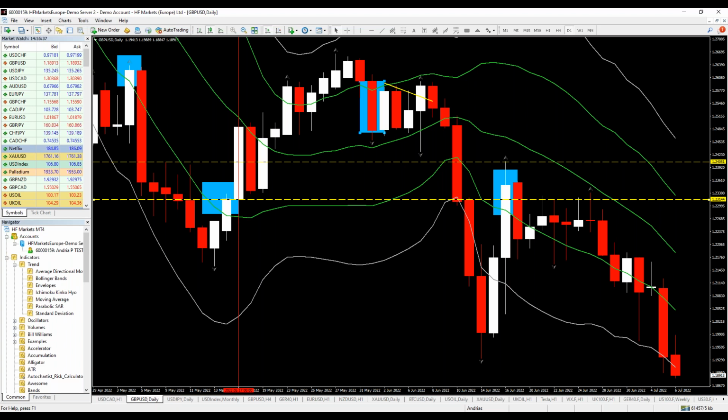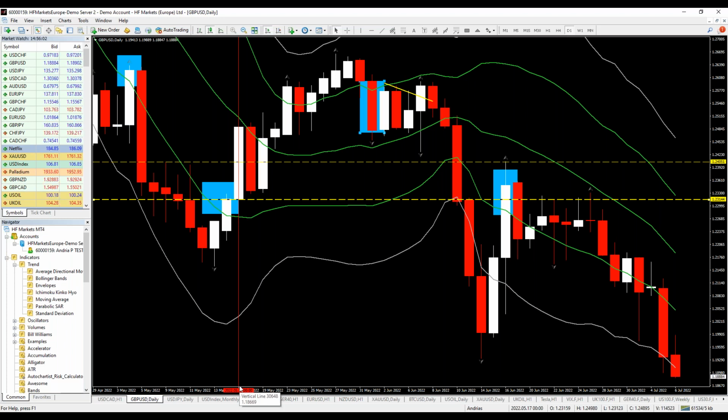Then, in regards to the remaining 50% of the position, we could have as our second target twice our initial stop loss. So our initial stop loss was 160 pips below the entry level, right?